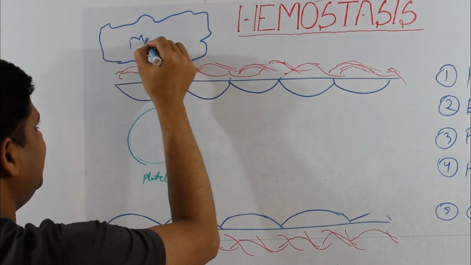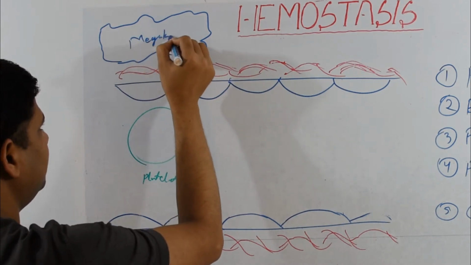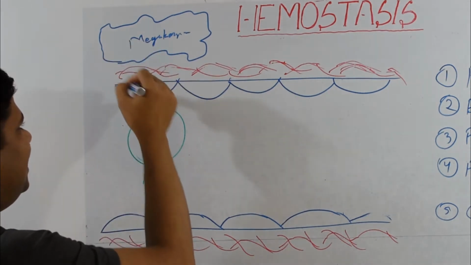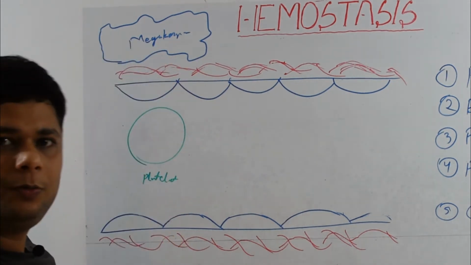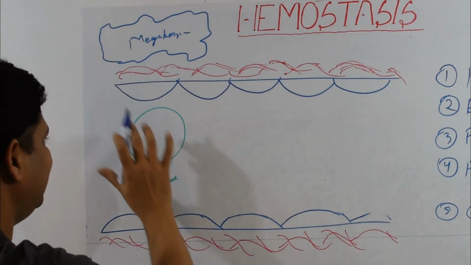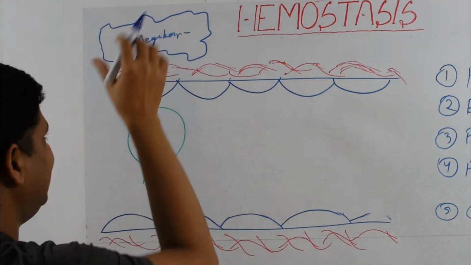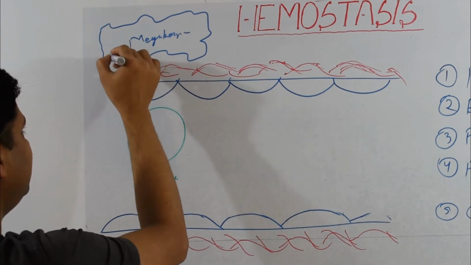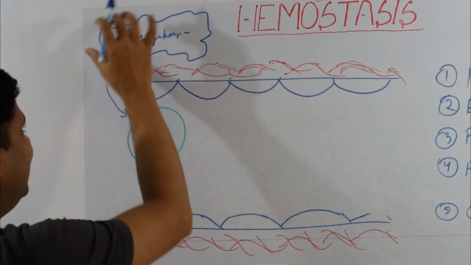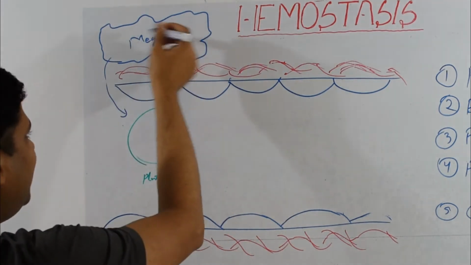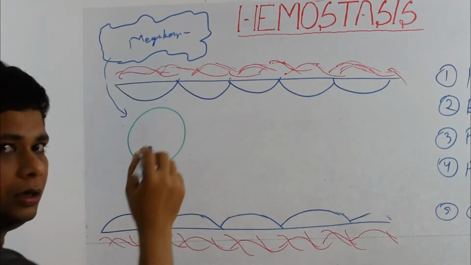This is a megakaryocyte, and the platelet is derived from the cytoplasm of the megakaryocyte. This is not a cell, this is a fragment of the megakaryocyte, derived from its cytoplasm. And this megakaryocyte is present in bone marrow. From bone marrow, it comes to the blood.